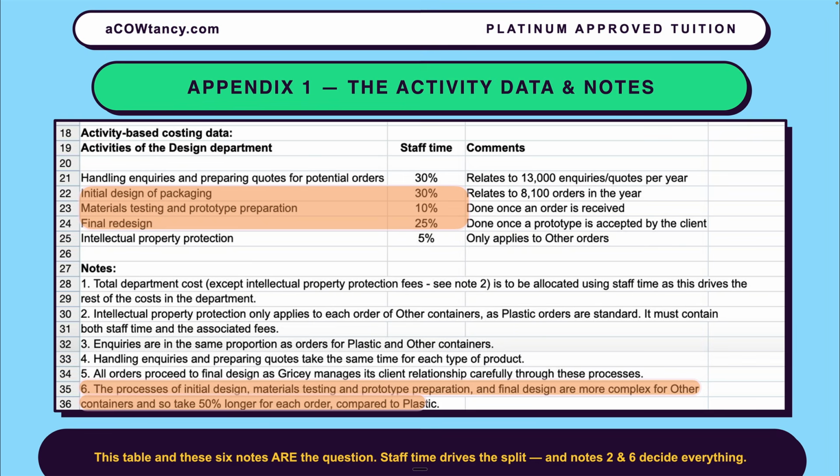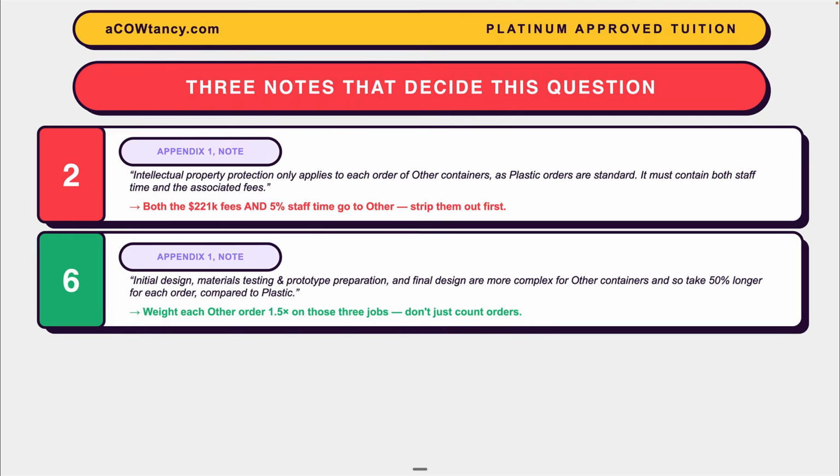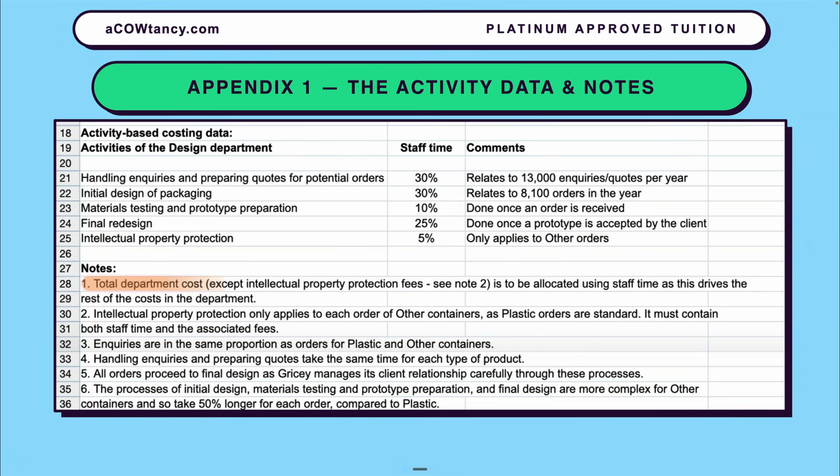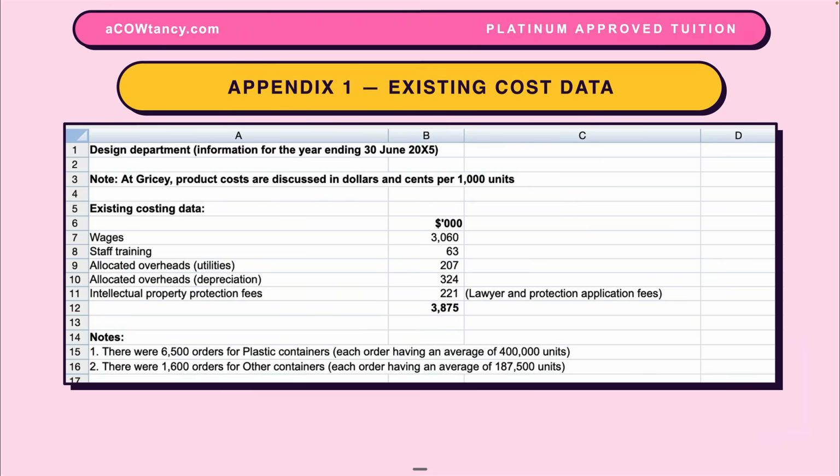We're going to have to think of a way of dealing with that when we come to do it. So that's the second thing. Then the final thing, it tells us the total department cost, i.e. design cost, excluding the intellectual property, so take out that 221, you should allocate using staff time. But remember, for 3 of those staff times, you want to give 50% more to other orders. A little bit tricky, but that's what we've got to do.